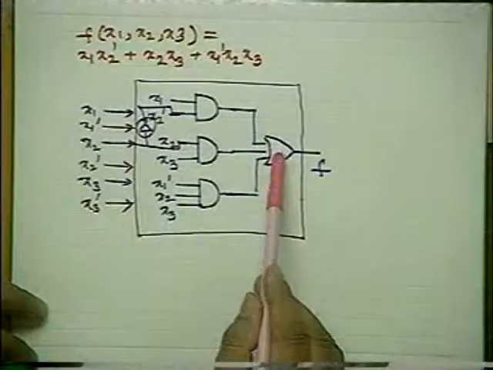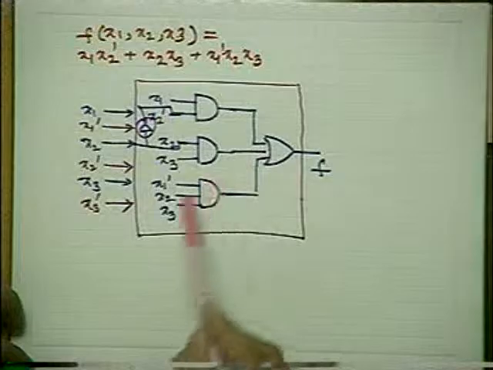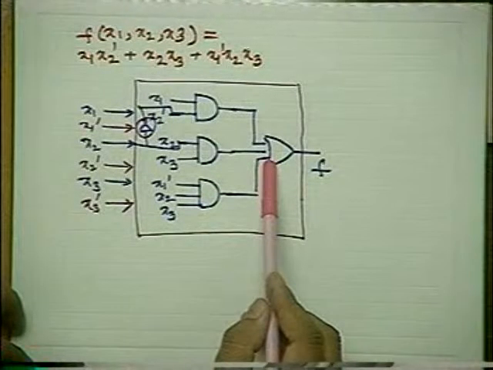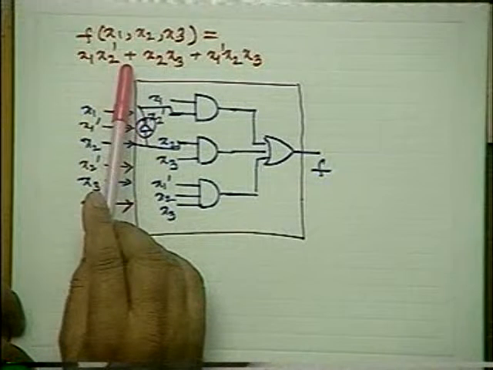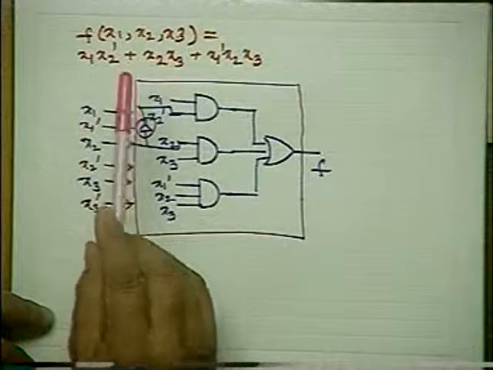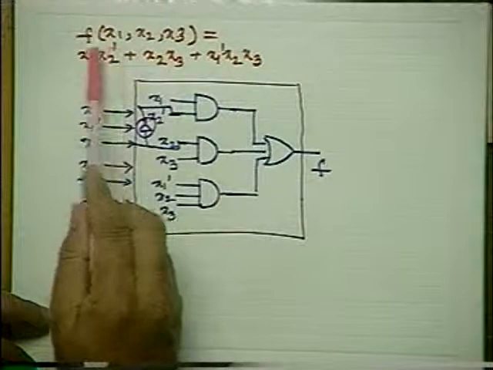Now, this is a particular switching circuit, a logic circuit, that we have given. It is a two-level circuit; by two-level I mean that it has the first level and the second level. Also, I have taken what we call a sum of product form, that means a sum of these product terms.